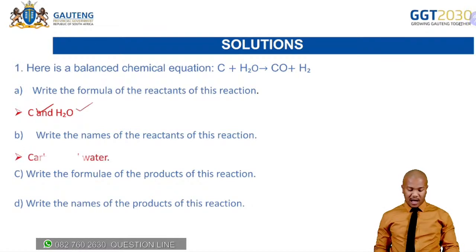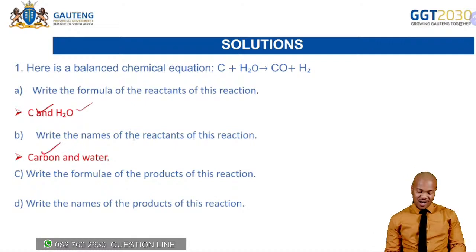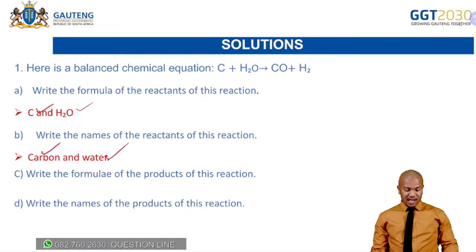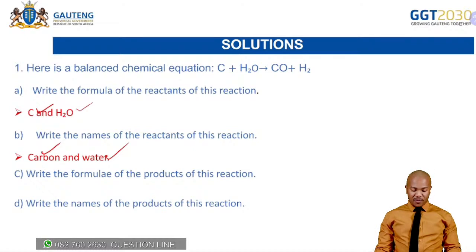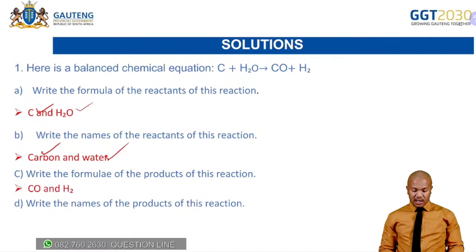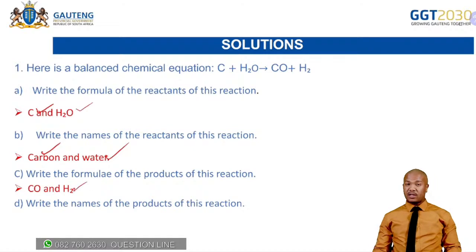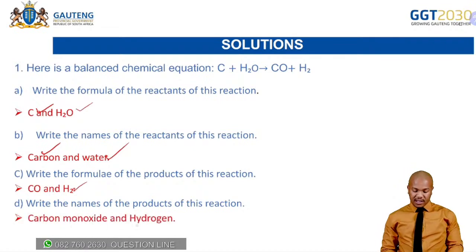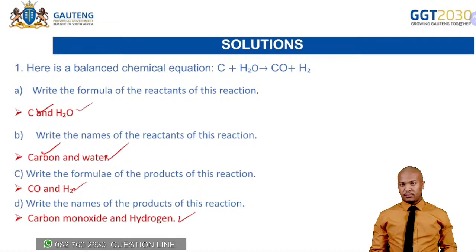And I've just said them now. It's your carbon and water. So now C, write the formula of the products for this reaction. And the formula is carbon monoxide, CO, and H2, right? Lastly, write the names of the products for this reaction. It is your carbon monoxide and hydrogen.